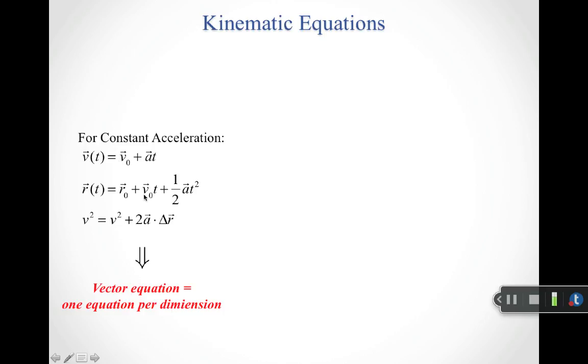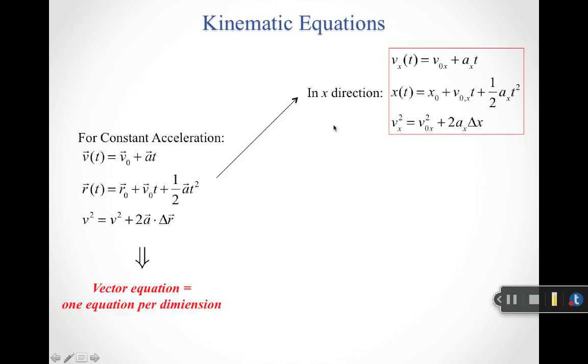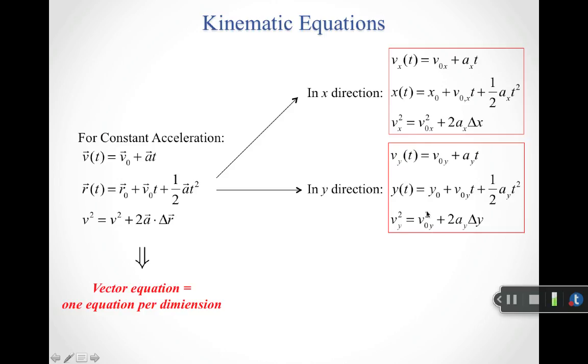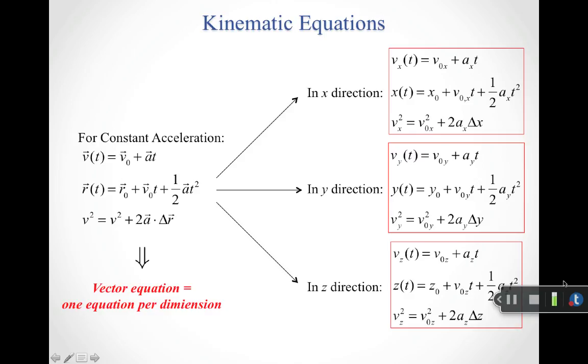Well, they're all vector equations, so what this really means is I've got 1 equation per dimension for each of these. So there is a set of 3 equations in the x direction that look like this. If I have constant accelerated motion in the x direction, these 3 equations I can use to describe it. If I've got constant accelerated motion in the y direction, so ay is a constant, these 3 equations I can use to describe it.